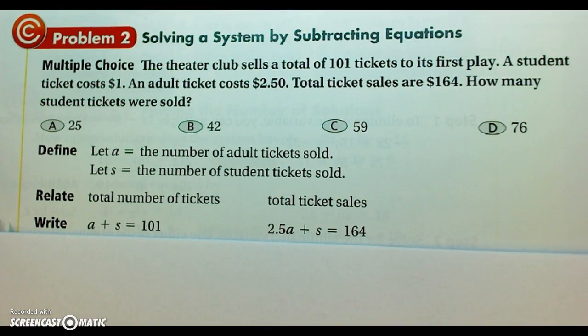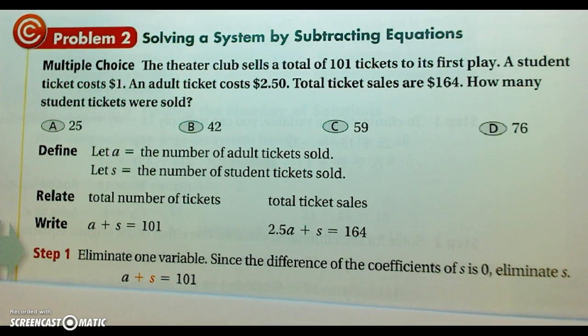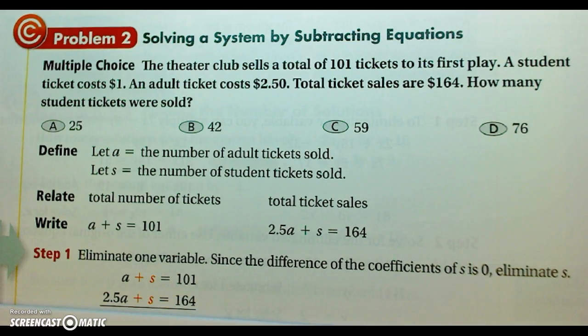We need to solve our system by subtracting the equations. So we need to eliminate one variable. Since the difference of the coefficients of s is 0, we're going to eliminate s. So we're going to subtract everybody.